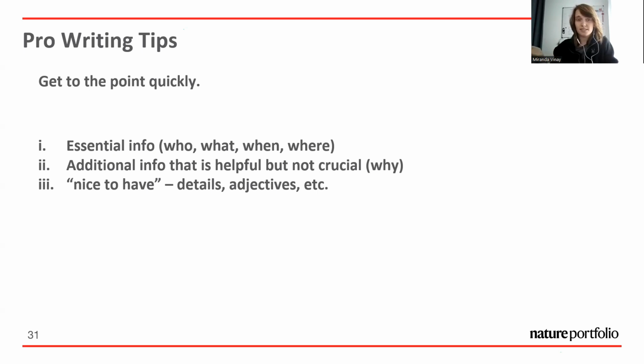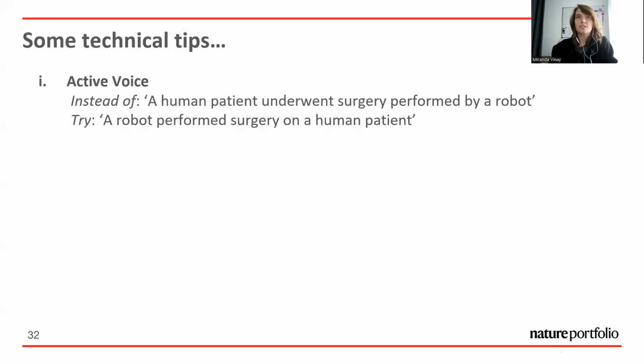The important part of that sentence would be Joe Biden. So if I'm writing this headline, I would probably switch the order of the sentence and say, President Joe Biden was mauled by a bear, getting the essential info first. The second technical tip is to, when you can, use active voice. That would be the bear does the action, but like I said, we can break this rule.